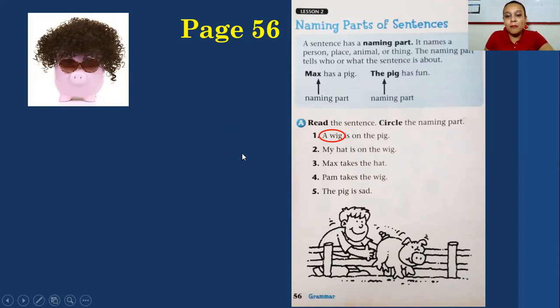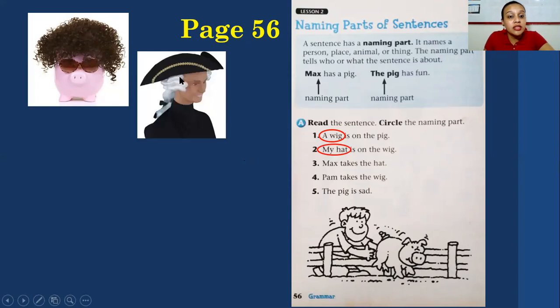Number 2, my hat is on the wig. Which is the naming part of this sentence? Yes, my hat. Why? Because we are talking about a hat. My hat is on the wig. Look, this is the wig, and this is a hat. Number 3, Max takes the hat.